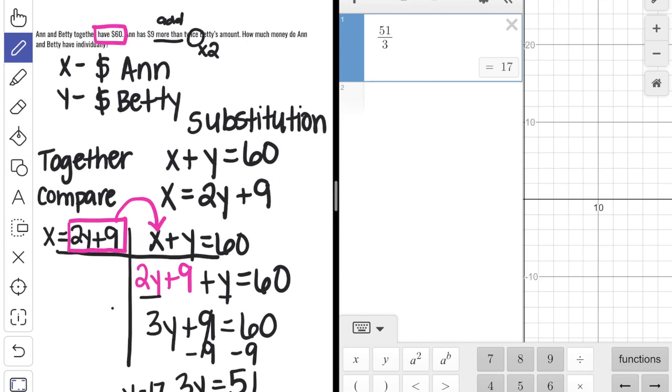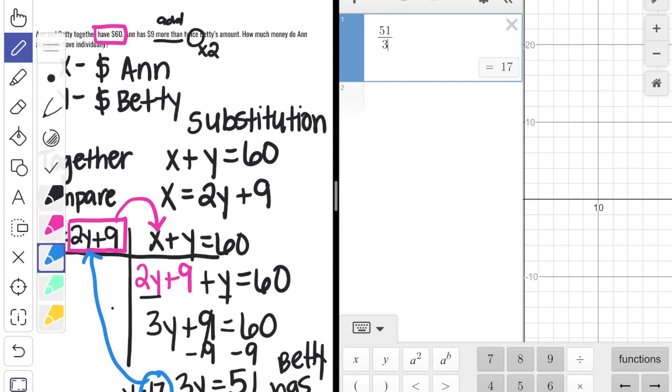So what does that tell me? That tells me y is Betty. So Betty has $17. Well, how do I figure out how much Ann has? Well, I can use Betty's information and figure out Ann. So now I'm going to take that $17 that I just found for y, and I'm going to substitute that back into the original equation.